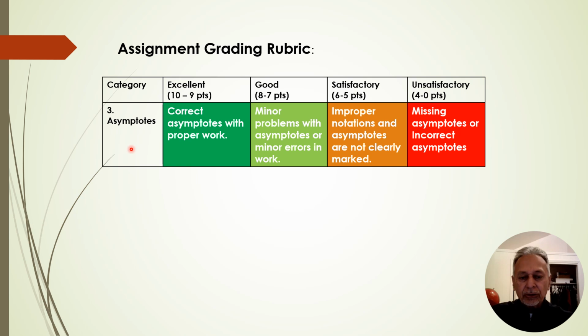Category 3, asymptotes. You will get 9 to 10 points if the asymptotes are completely correct with proper work, or if there are minor errors or minor problems with the asymptotes, or minor errors in the work, then we might get 7 to 8 points.